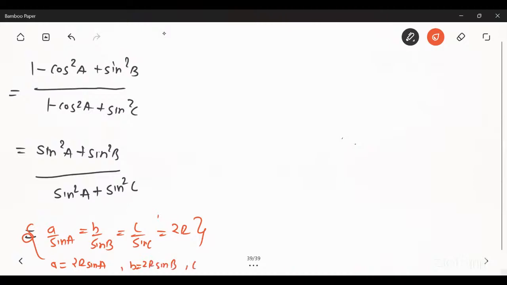So sine a is equal to a upon 2r. Similarly, sine b is equal to b upon 2r, and sine c is equal to c upon 2r.